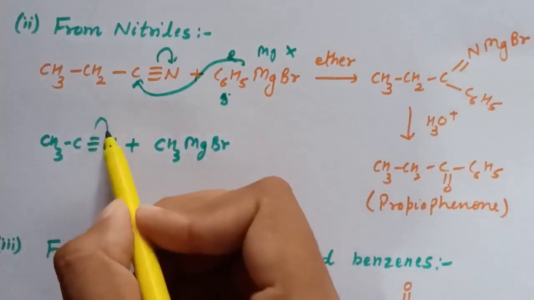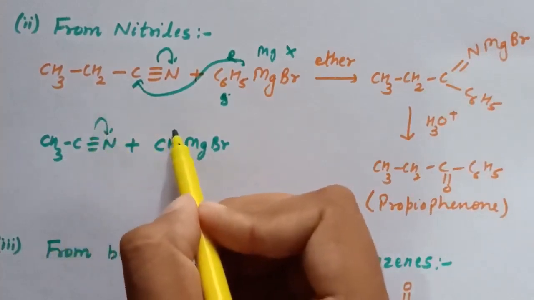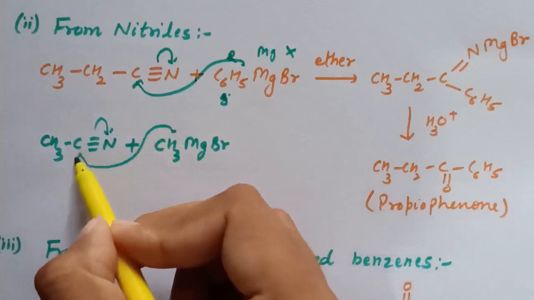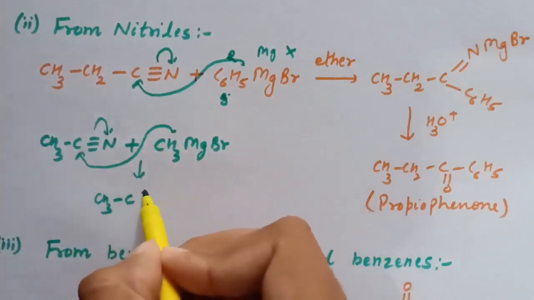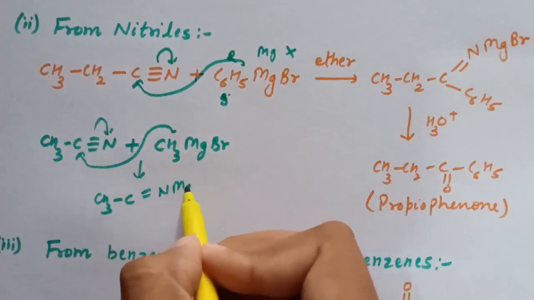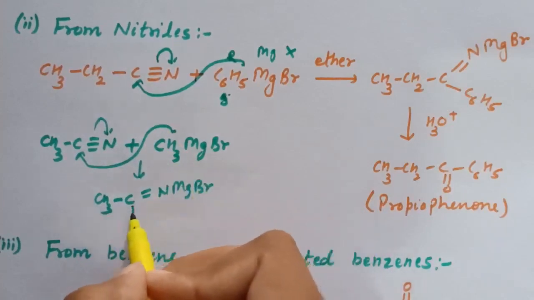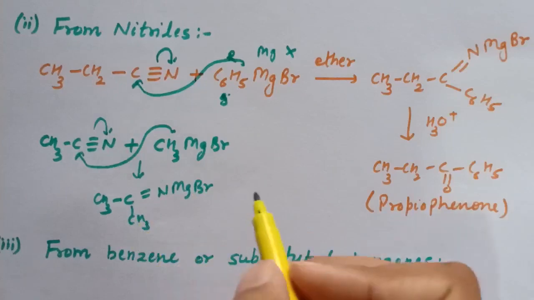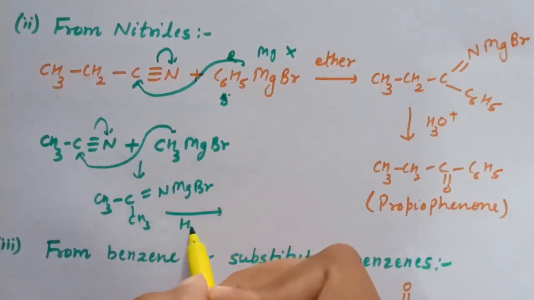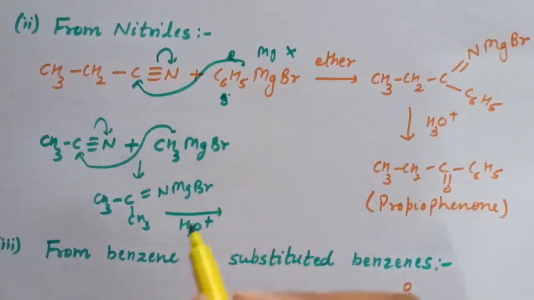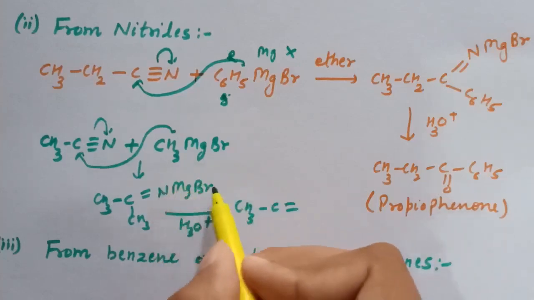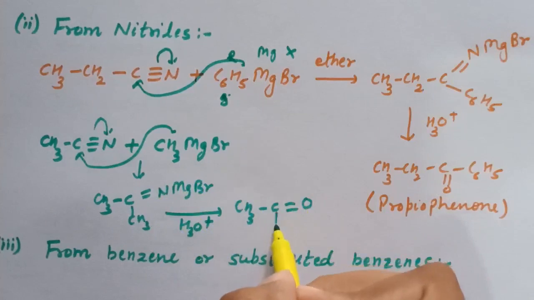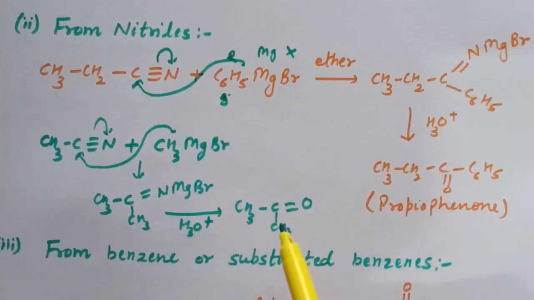Again this bond will be shifted to nitrogen, and this will attack this carbon atom. So the complex is CH3C=N-MgBr, and here the CH3 will attach. Now the hydrolysis of this complex, that is in H3O+, will convert this to CH3C(=O)CH3. So here acetone is formed.